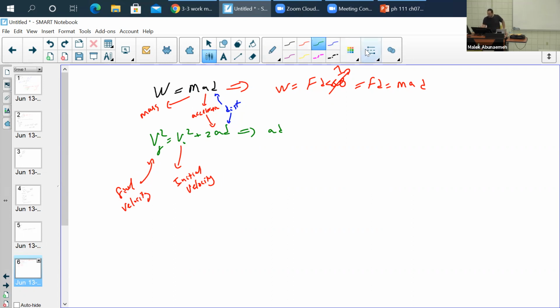Now, solving this for the acceleration multiplied by your distance, you're going to have your V final squared minus your V naught squared, divided by 2.